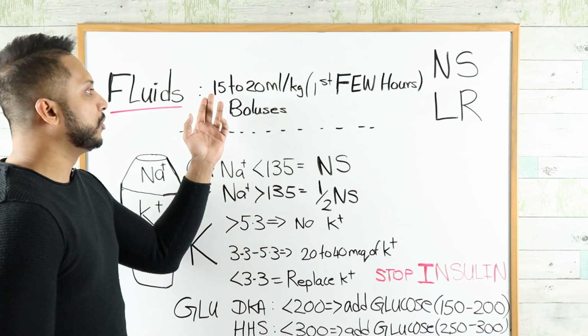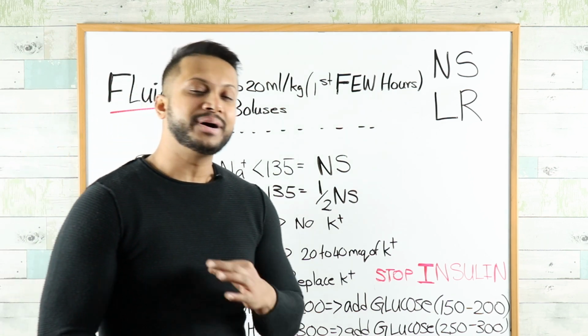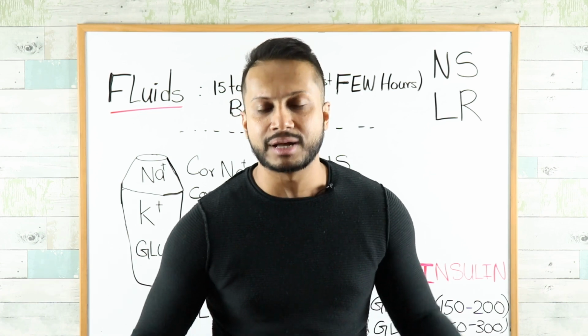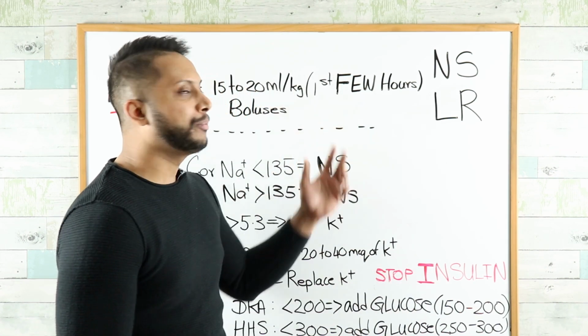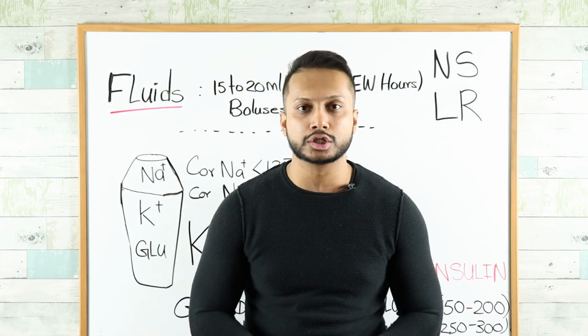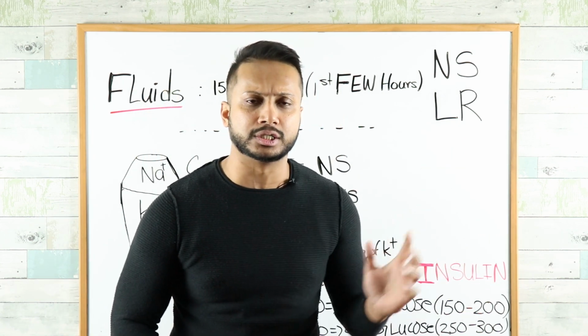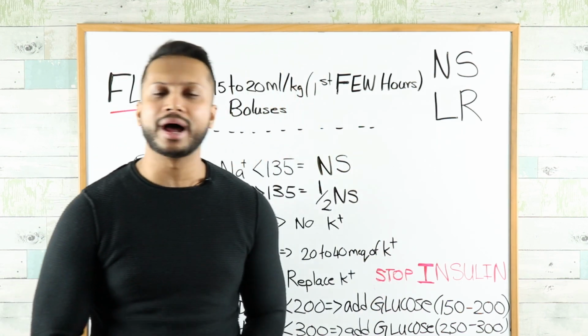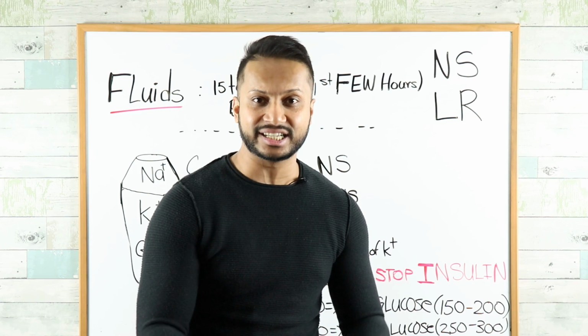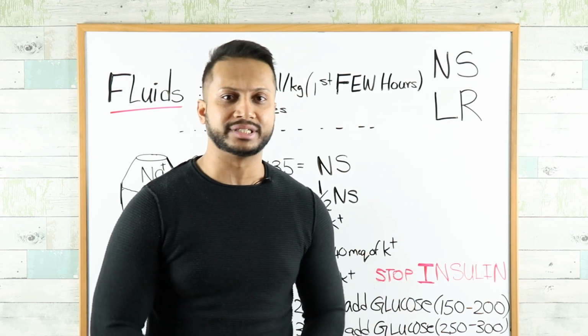So you are going to give them about 15 to 20 milliliters per kilogram of body weight. So if somebody was about 70 kilograms, you're going to give them almost 1.4 to 1.5 liters of fluid as boluses within the first few hours. I would give them 1, 2 or even 3 liters as needed to improve their volume status first.